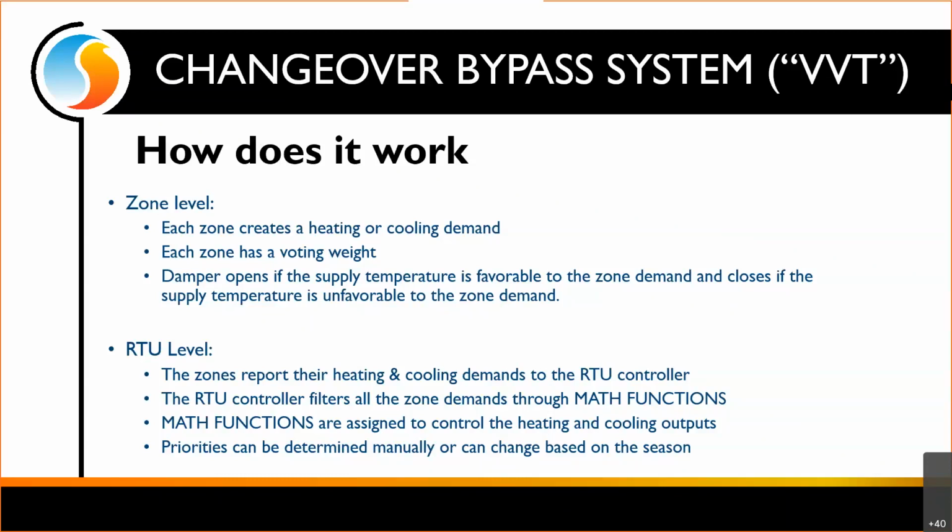So the damper will only open if the supply temperature is favorable to the zone demand, or what the zone is asking for. And the zone damper is going to close either all the way or at least to its minimum position if the supply temperature is unfavorable to the zone demand. And so how does it know whether the zone temp is favorable or unfavorable?